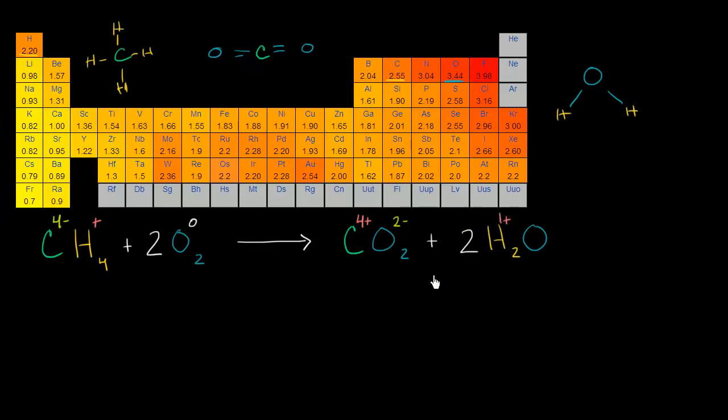And the oxygen has gained 2 electrons, so that gives it an oxidation number of -2. So now that we've done that, let's think about who is getting oxidized and who is being reduced.